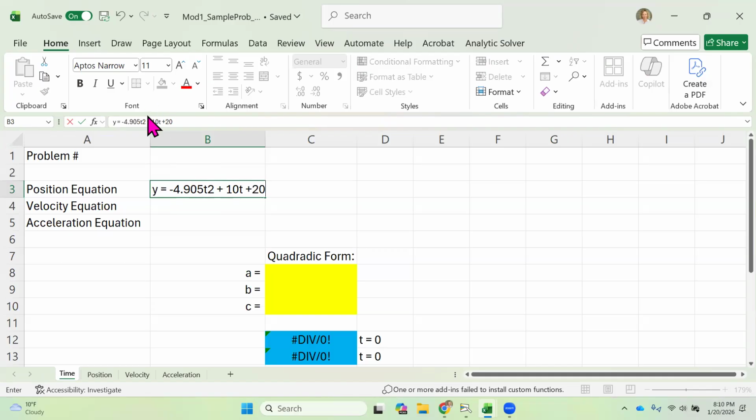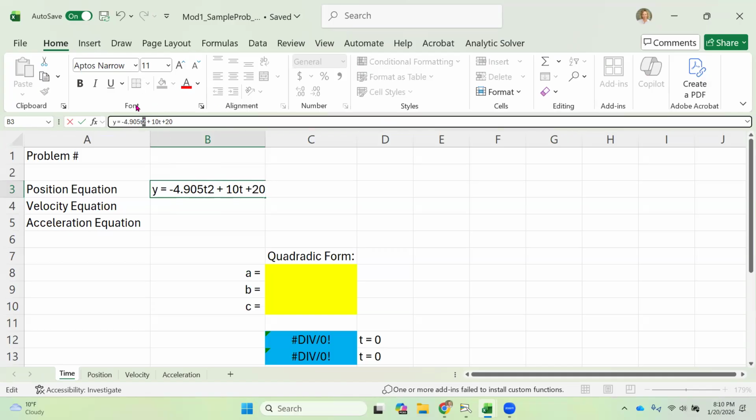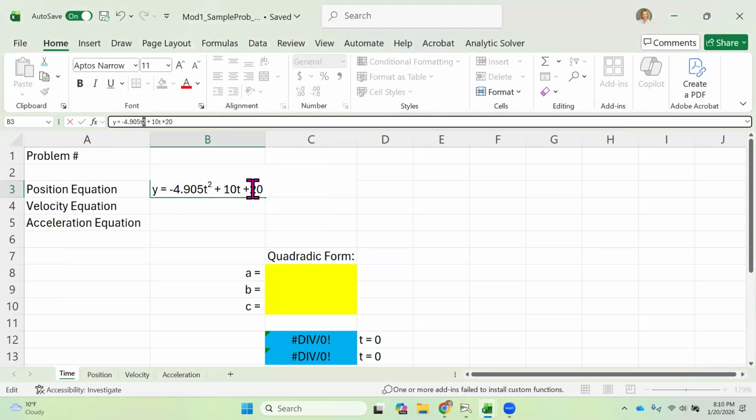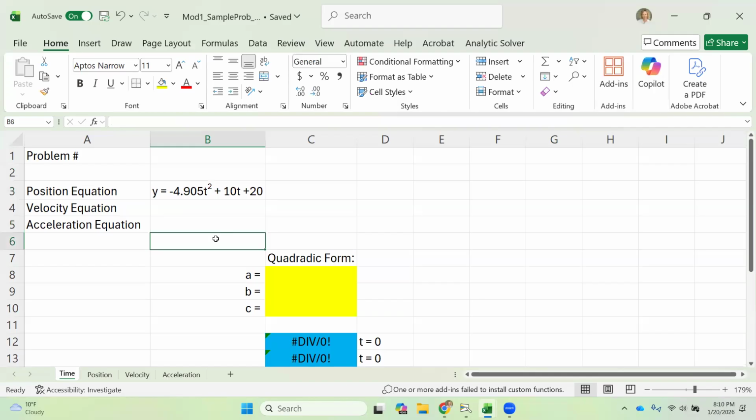Okay. Now make sure you change your 2 to a superscript. Now, you don't have to put the velocity and the acceleration equation in if you don't want to, because we're really not using those. We're just using the position equation.